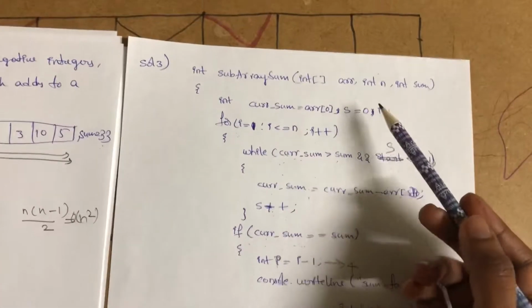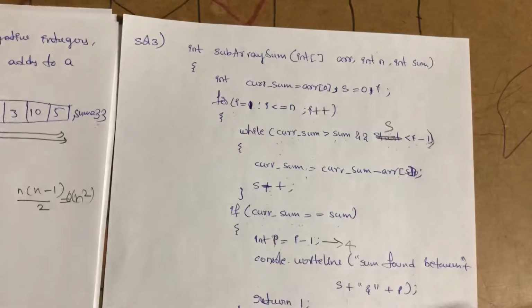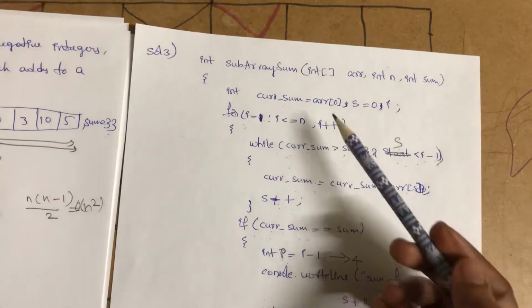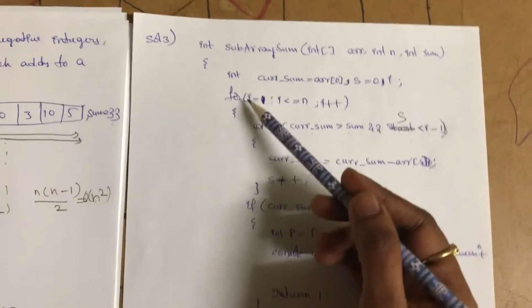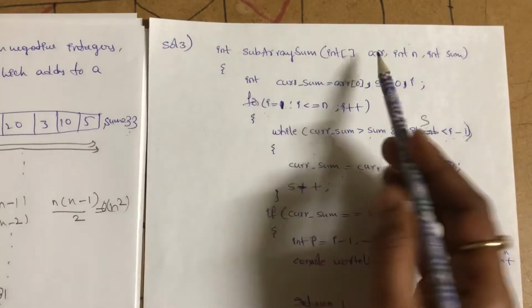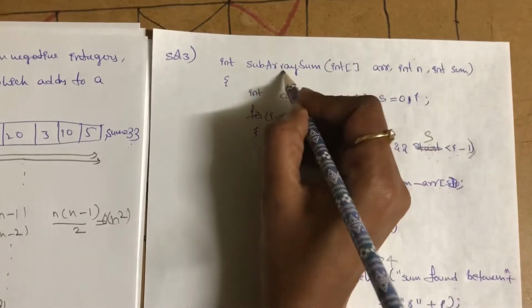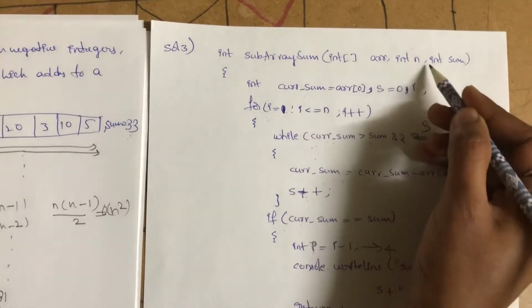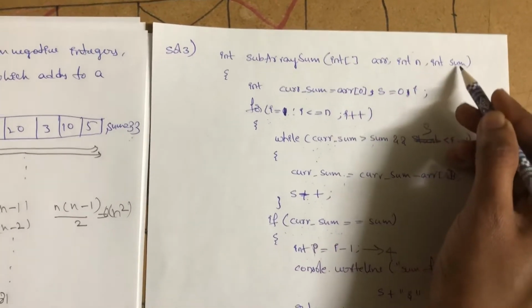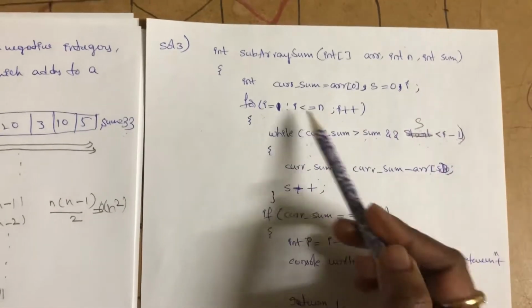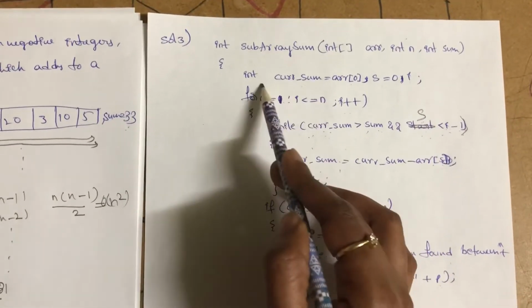Here is the code which I implemented using a for loop and a while loop. I am giving parameters to this function: the array, the size of the array n, and the given sum. Now we are using the variables.